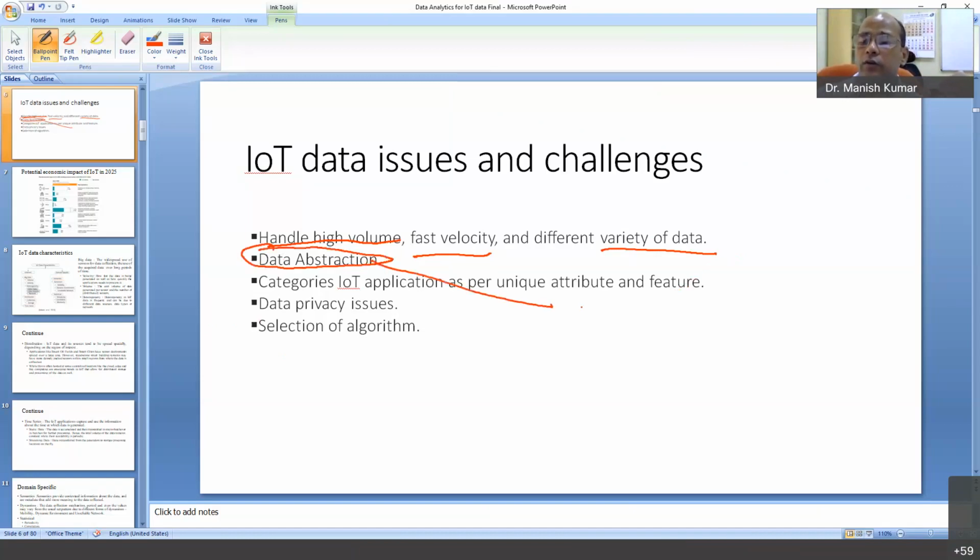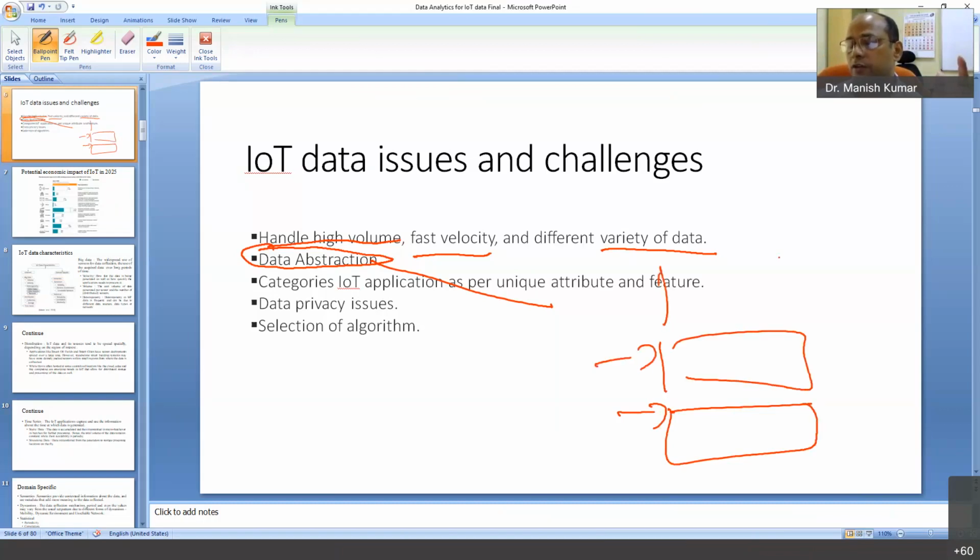It is very important that the user should have some sort of abstraction, because otherwise it becomes a very complex thing. So we provide a lot of abstraction to the users, some abstraction at the physical level, some at middleware, some at the top layer like cloud or data centers.